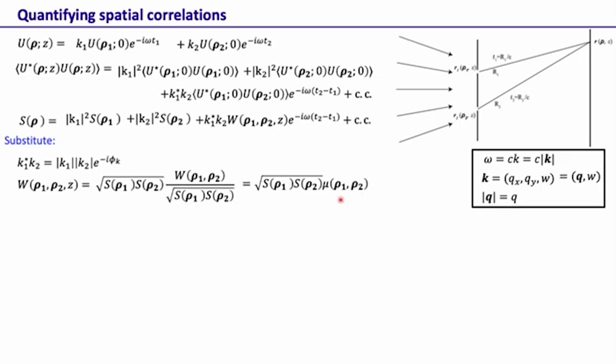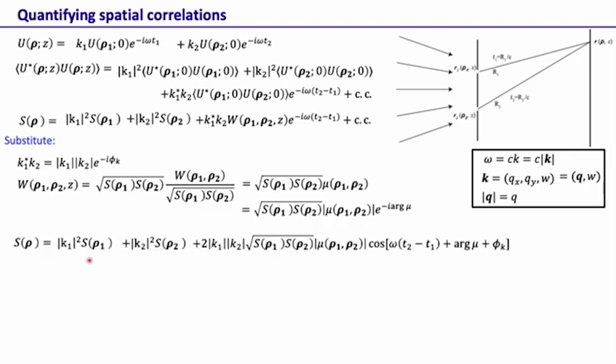This is in general a complex quantity, so we can also write it as its modulus and its argument: the square root of S(rho 1) S(rho 2), times the modulus of mu(rho 1, rho 2), the degree of coherence, and this argument. Now if you substitute this form for W and this for K1 star K2, we obtain that the intensity is given by the first term, the second term, and then this term where we have a cosine term.